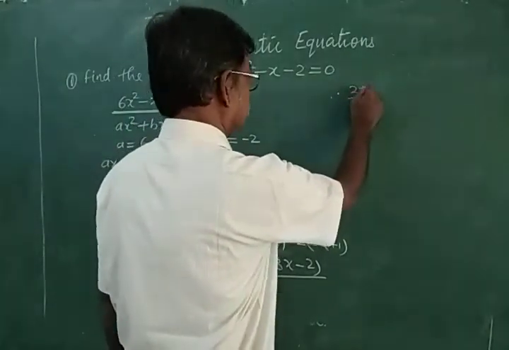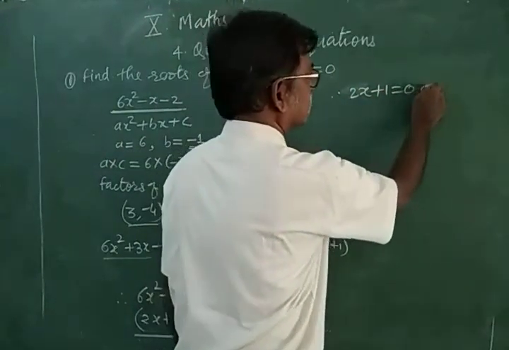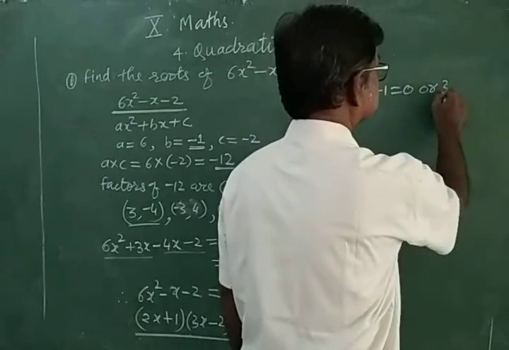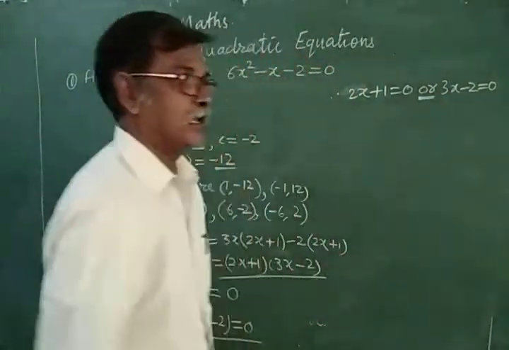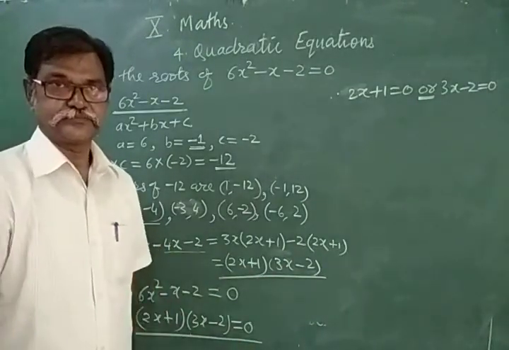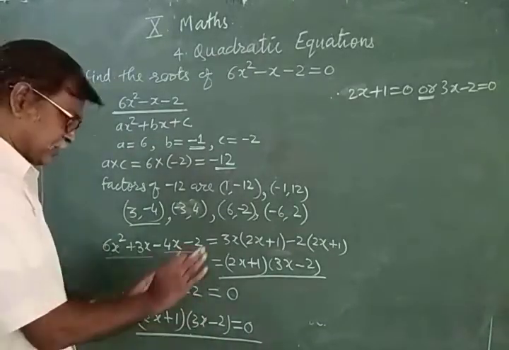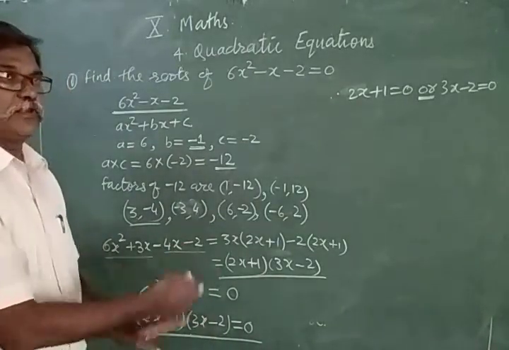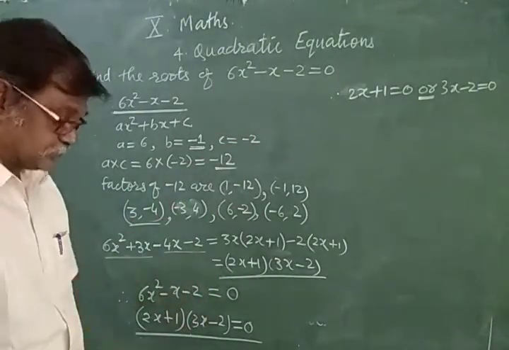2x plus 1 is equal to 0 or 3x minus 2 is equal to 0. Because 0 into 0 is not defined. Otherwise this will be 0 and this will be 0, then it will not define. Either of them, any one will be 0, but we get two values.